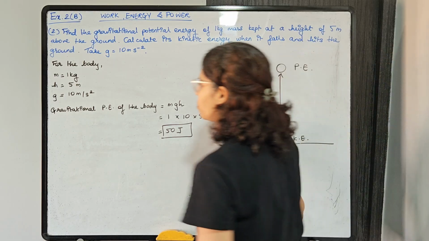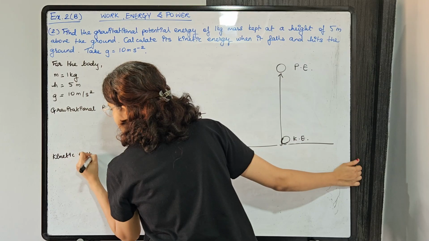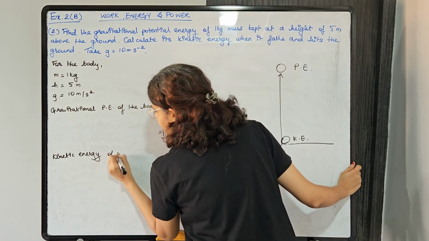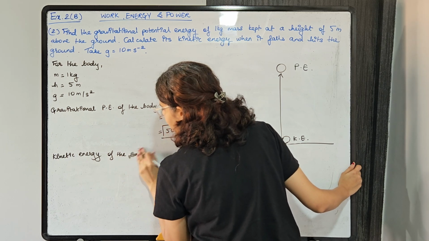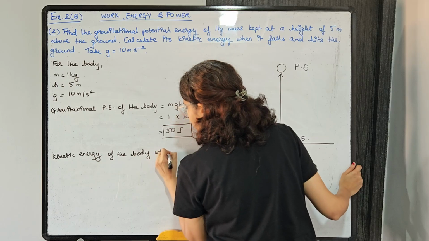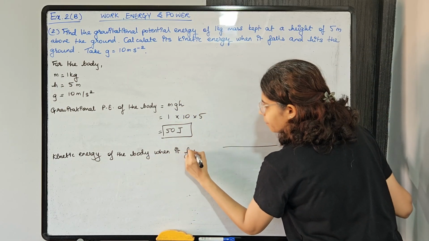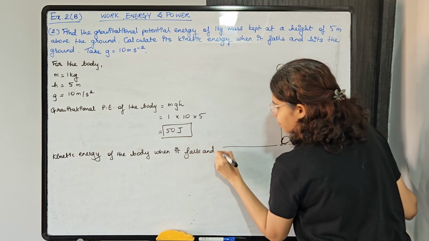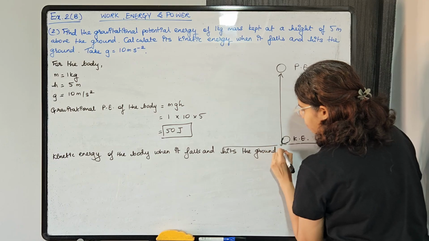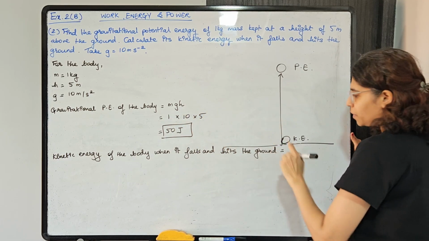So the kinetic energy of the object when it falls, of the body, here body is written so write down body, when it falls and hits the ground is equal to the potential energy of the body at the top.